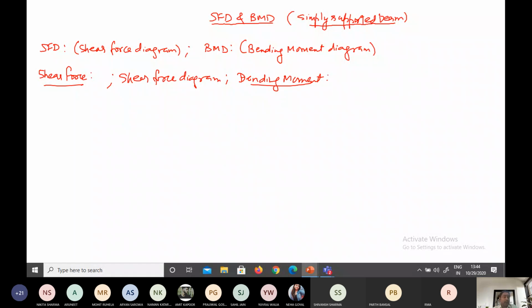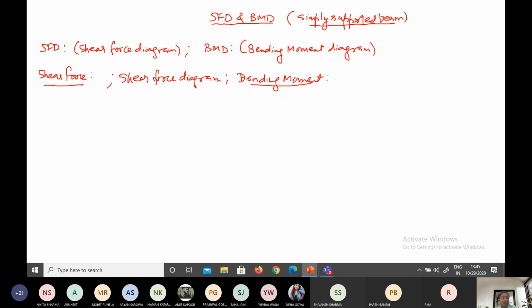The bending moment at any cross section of a horizontal beam is the sum of moments about the given cross section of all the forces (including the support reactions) to the left of the cross section.